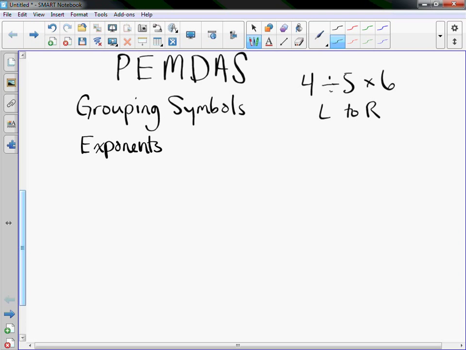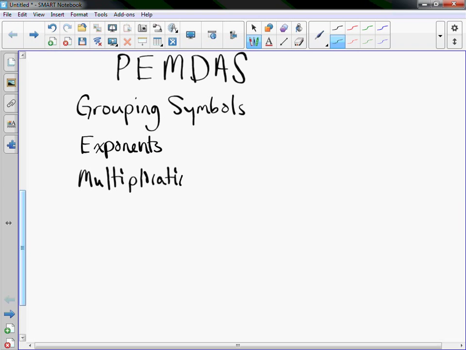So you go 4 divided by 5, and then you multiply by 6. It doesn't have to be multiplication and division, but that's the order we put them in.